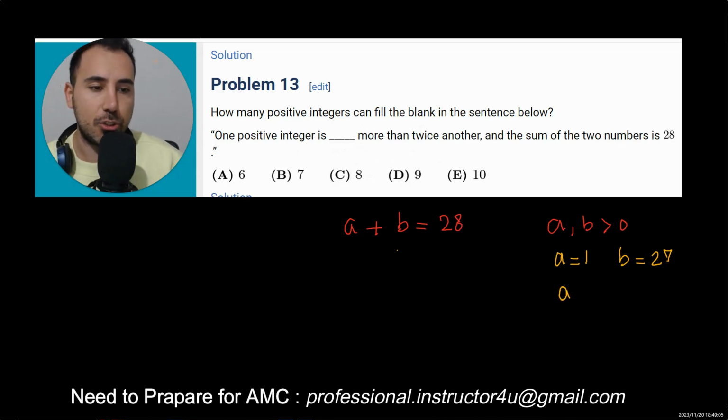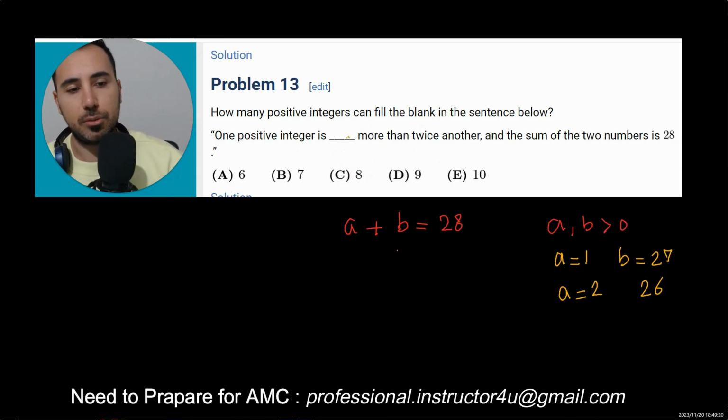If A is 2, then B will be 26. So what number would you write here? The bigger one is how many more than twice of this. So it's going to be 26 minus 2 times this number, which happens to be 22. So from 25, this time 22.